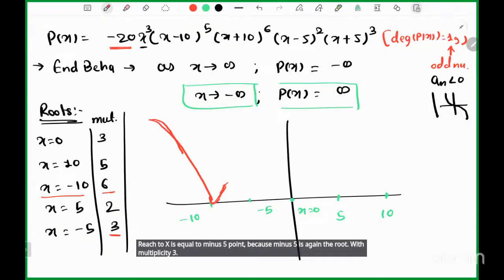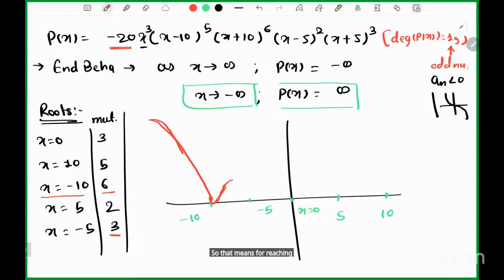So for reaching minus 5, it has to turn exactly once. Here we also have a complex root scenario, but at least it has to turn once to reach the point x equals minus 5.